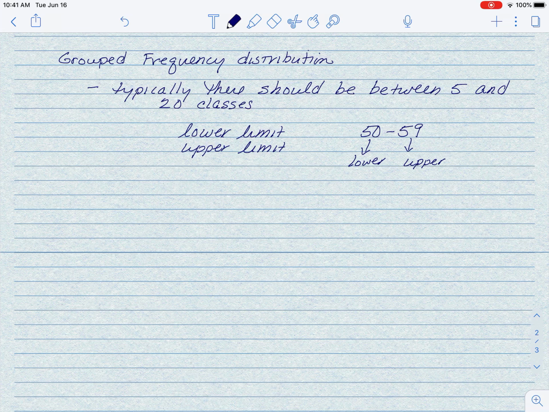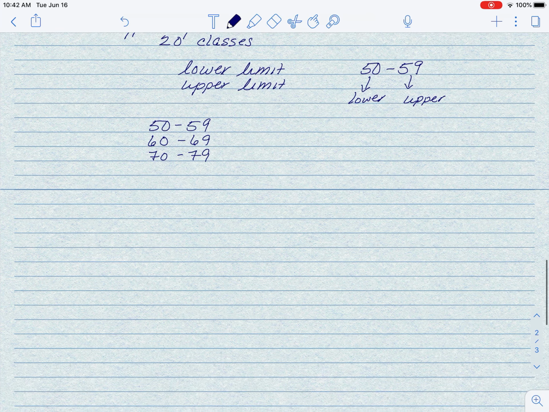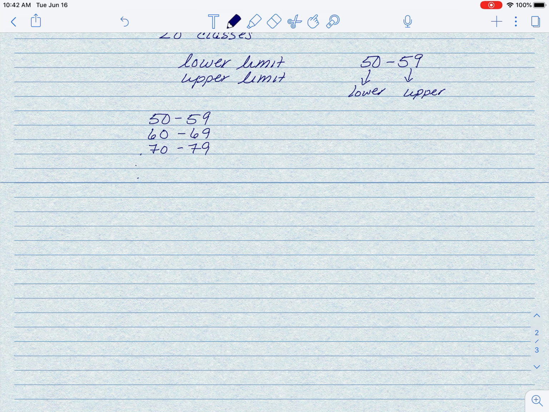If I started listing the classes, say 50 to 59 was one class, 60 to 69 was another class, 70 to 79 is another class, and you can keep going, what we want to talk about is class width.